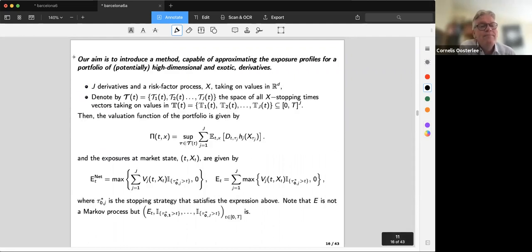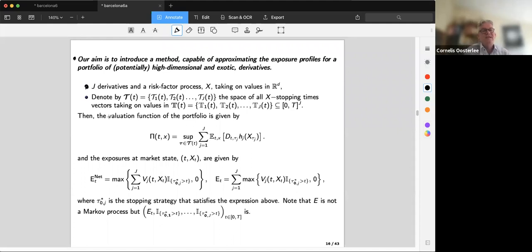So our aim in this work is to introduce a method capable of approximating the exposure profiles for a portfolio of high-dimensional and exotic derivatives. We have capital J derivatives. We have a risk factor X taking values in R^D.